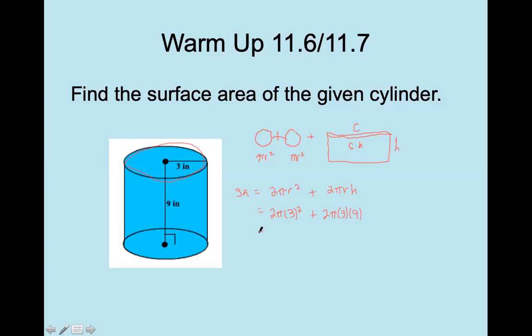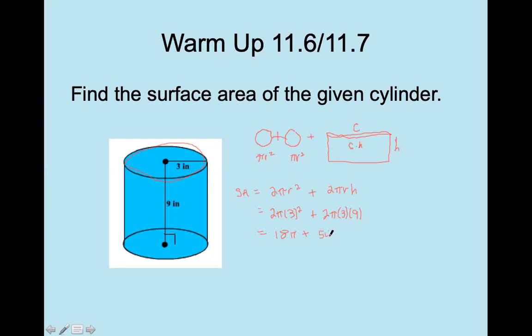So I'm going to do some simplifying. 3 squared is 9. 9 times 2 is 18. So for this first part, I have 18 pi. Plus, for the second part, I have 2 times 3 is 6. 6 times 9 is 54.